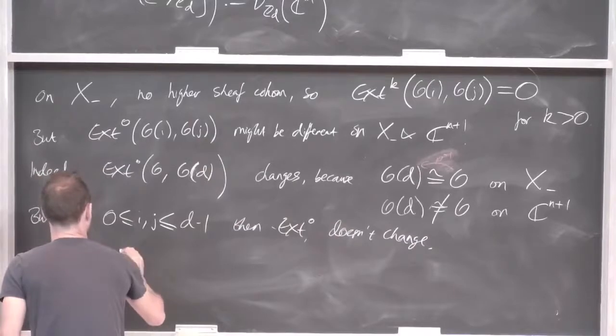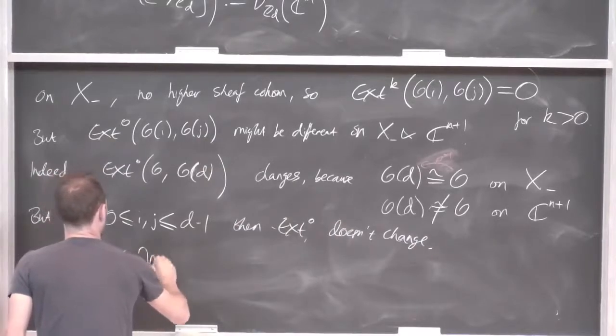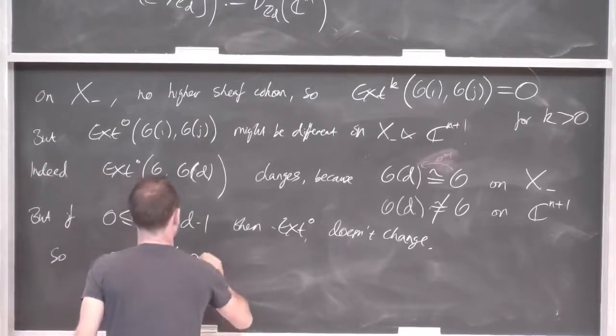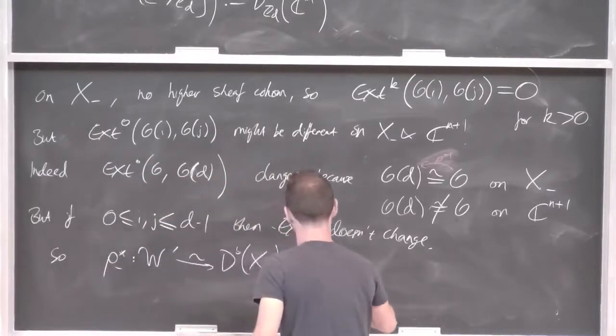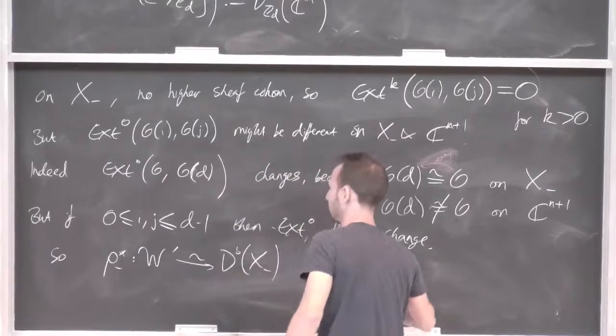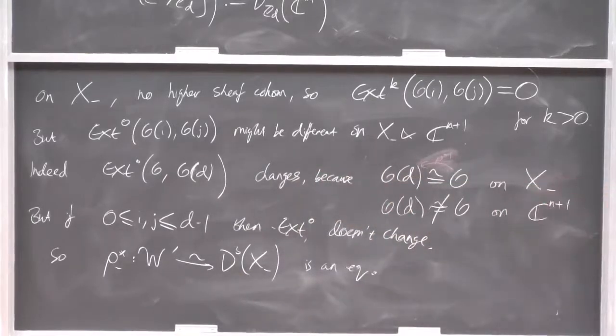So the restriction functor from W prime to the derived category of x minus, that's an equivalence. So in the end, some of the details are different, but the story is exactly the same as in all the other examples, and the fact that it's an orbifold shouldn't really trouble us.